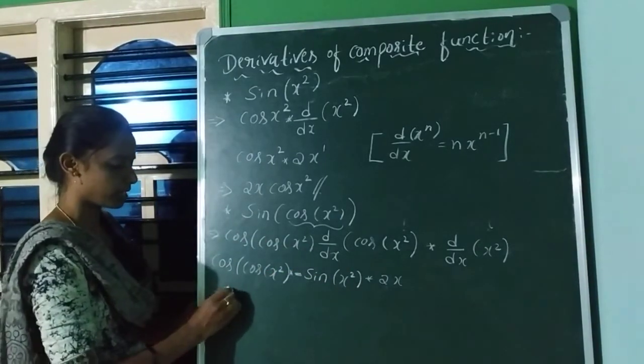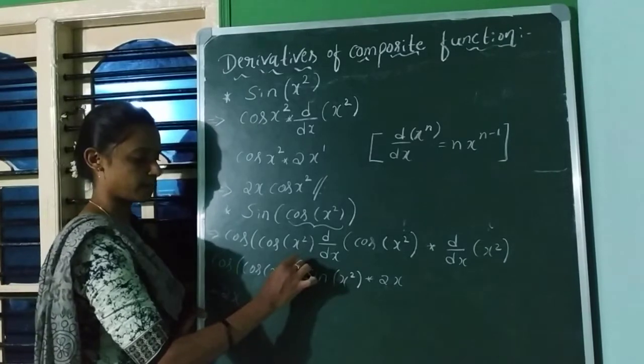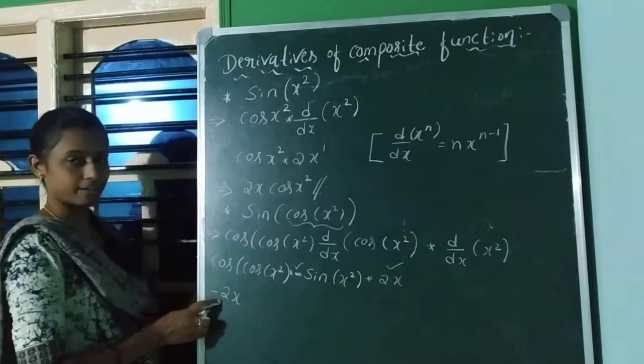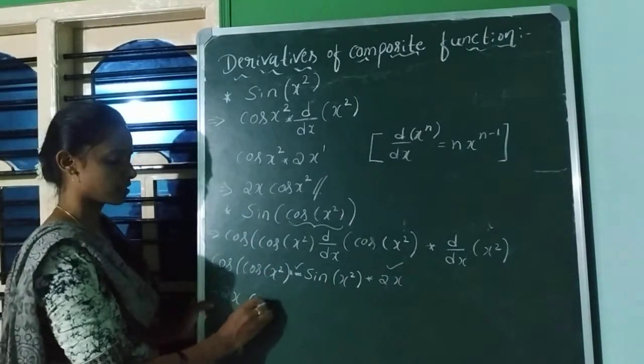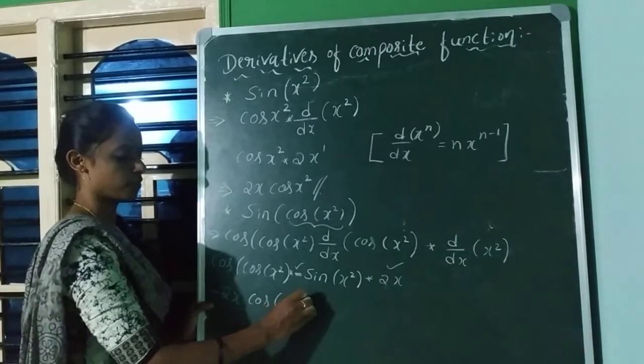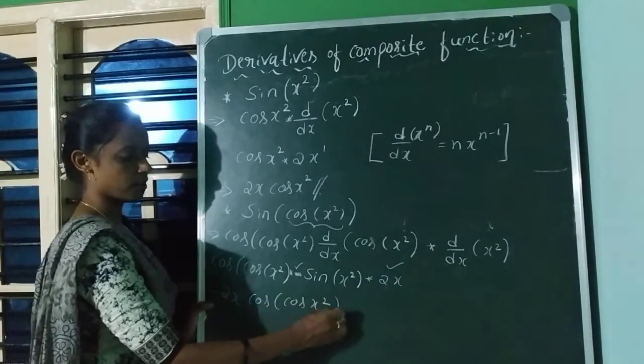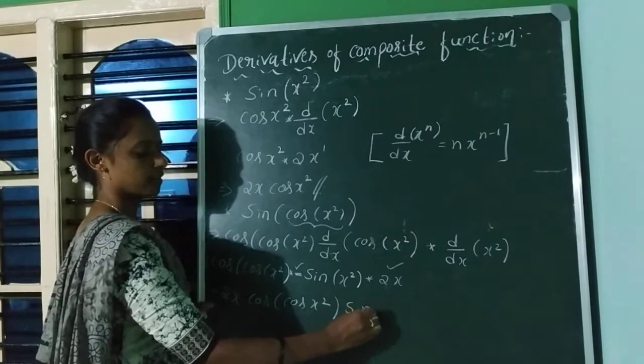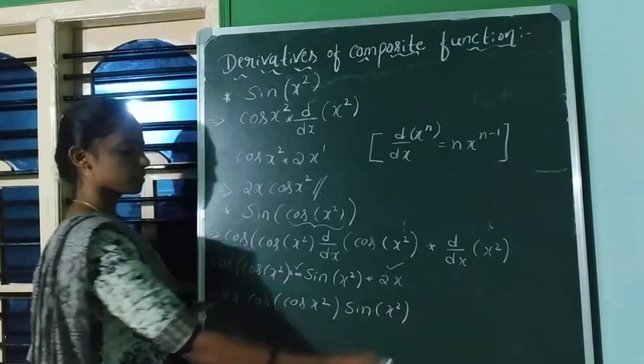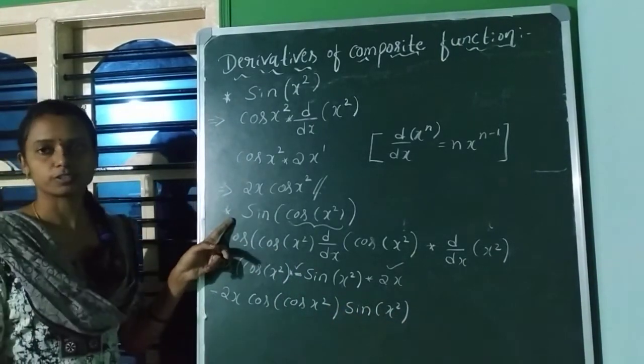It's nothing but minus 2x I take. This minus and 2x I write first. Next remaining is cos of cos x square and sine x square. This is the derivative of this composite function.